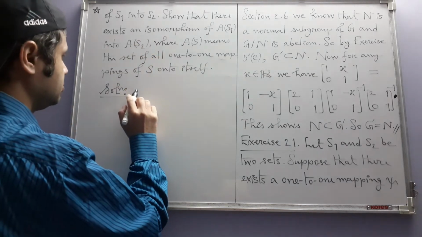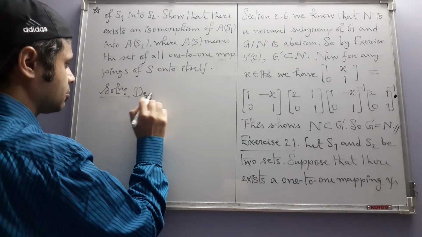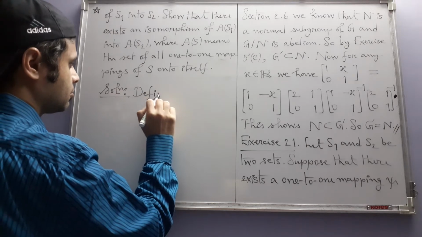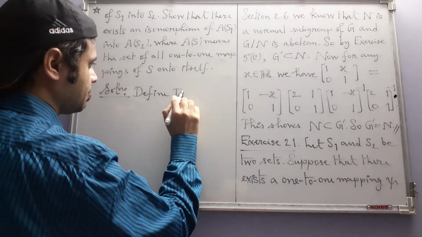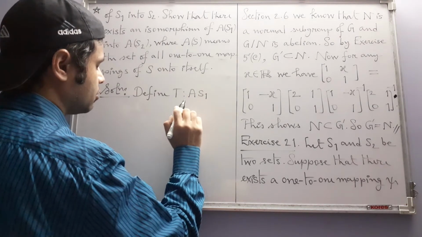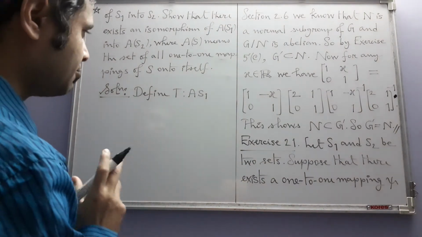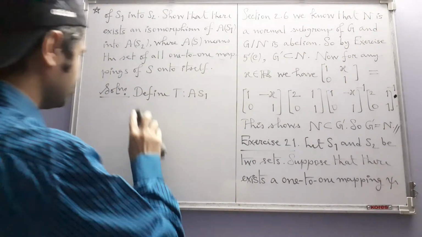So we define the map like this. Define a map T from A(S), or okay, before we define this, we cannot directly define it like this.